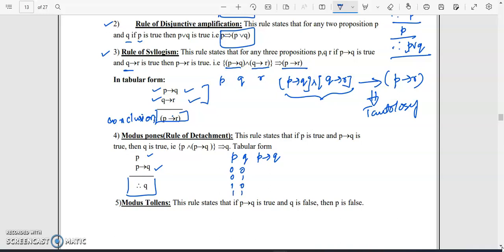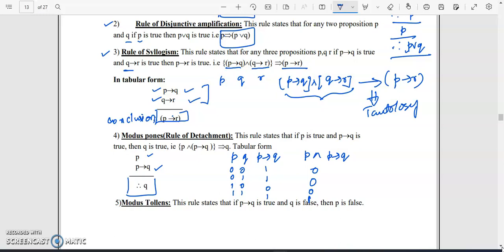So P implies Q will be 1 1 0 1. So we have to take the and of P and P implies Q. If I take and, I'll get 0, 0, 0, 1.